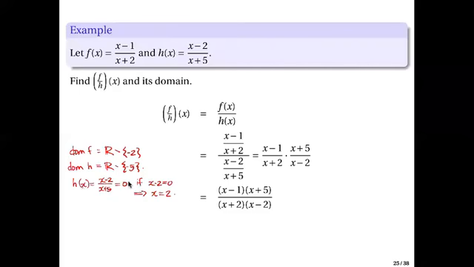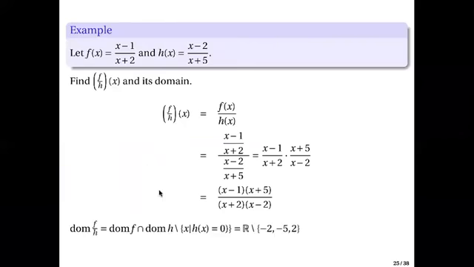Meaning, h of x will be equal to 0 when x equals 2. Following? So let me copy this part here. Now, our goal, find the domain of this function.